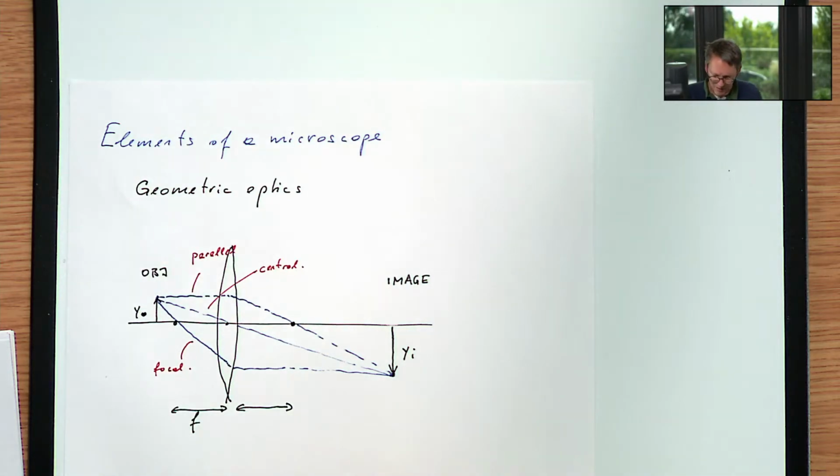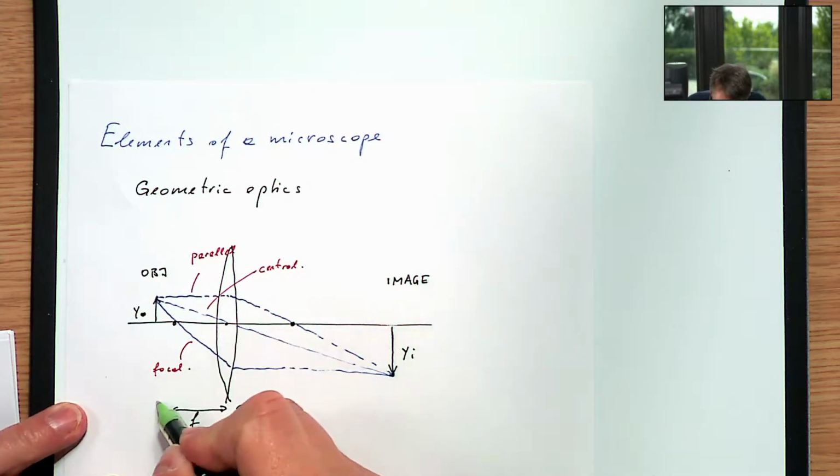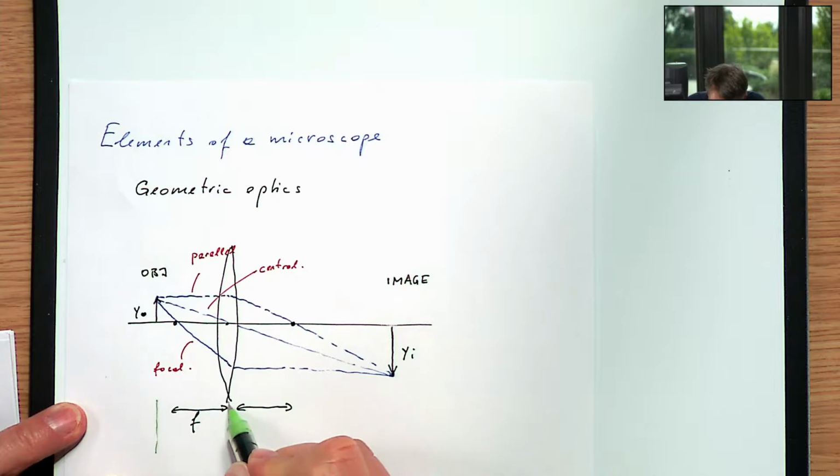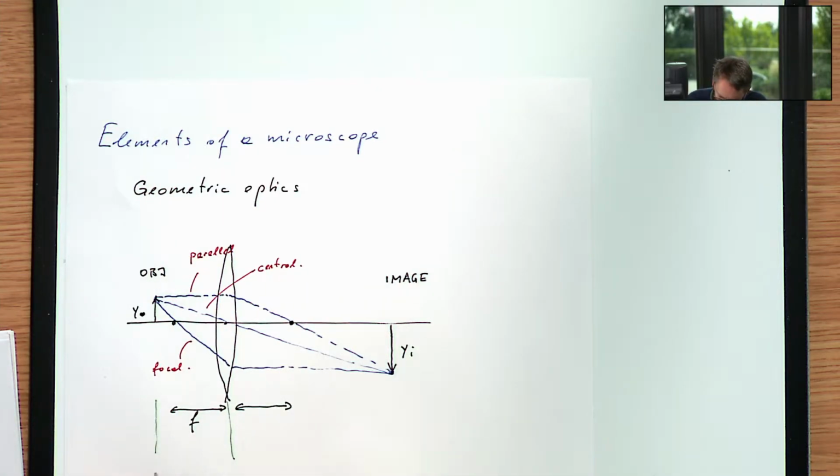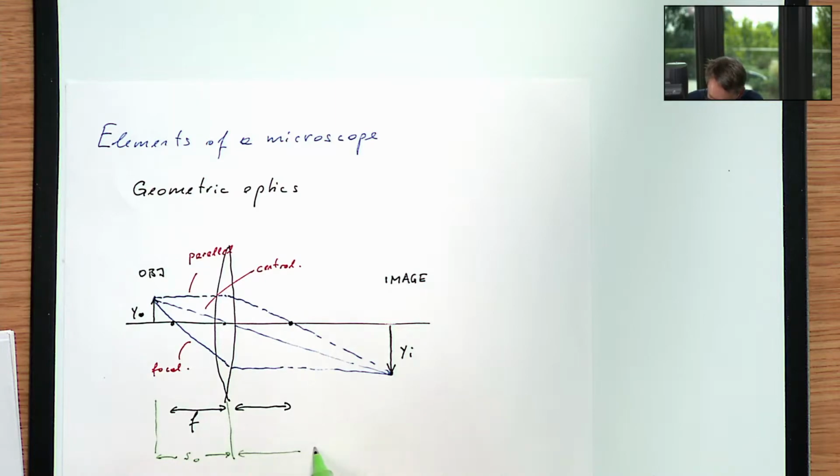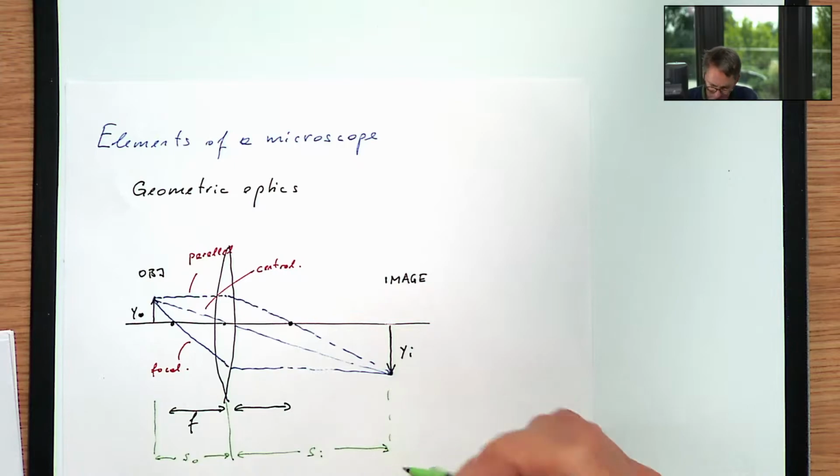So if I now call this distance here, between the object and the objective lens, SO, and let's call this distance here SI.